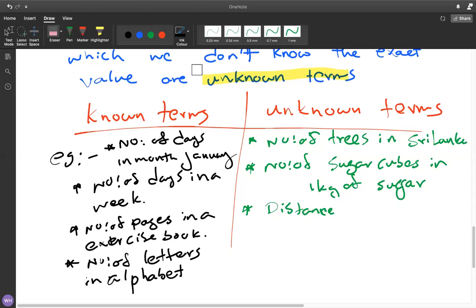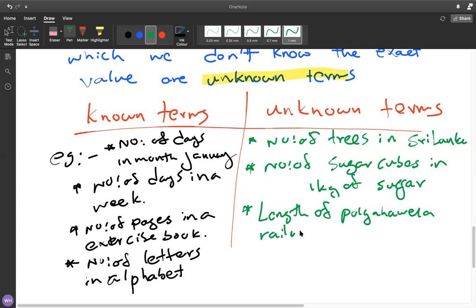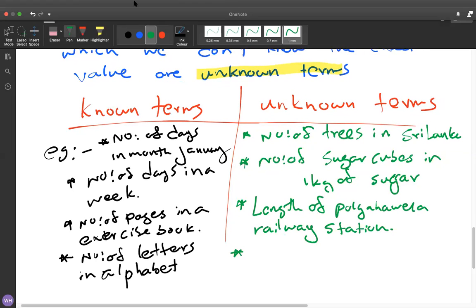Okay, a good example. Now think about the length of a building kind of thing. Length of Polgahawela railway station. Do you know the length? No, we don't know. Okay, good. So you may write some examples. Complete this chart quickly.